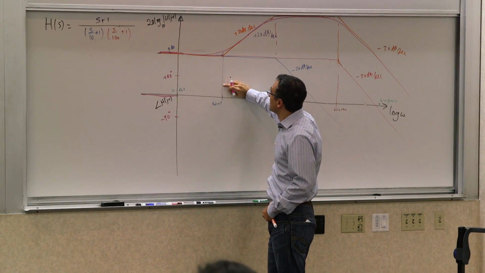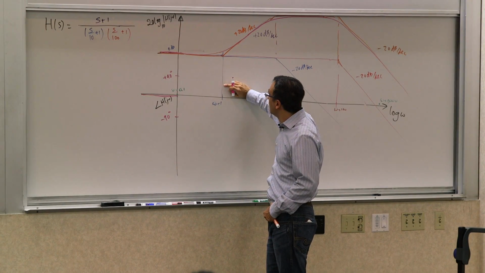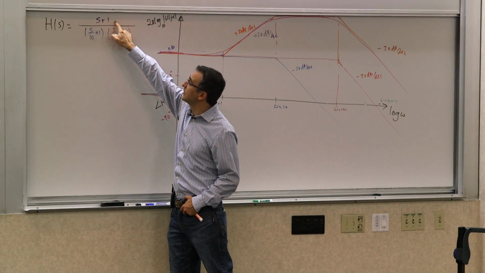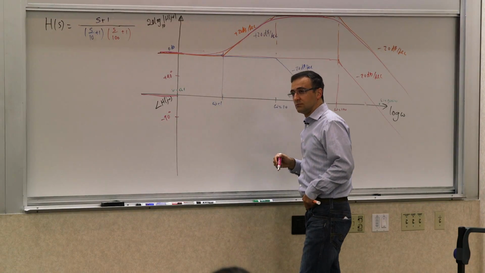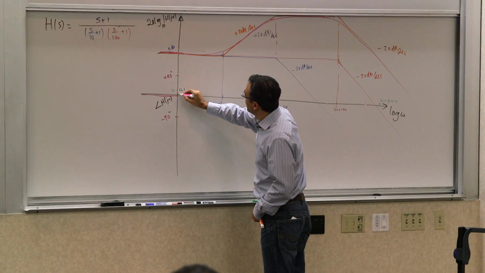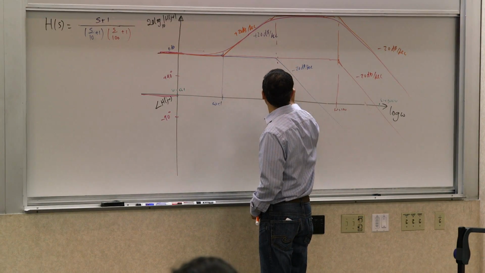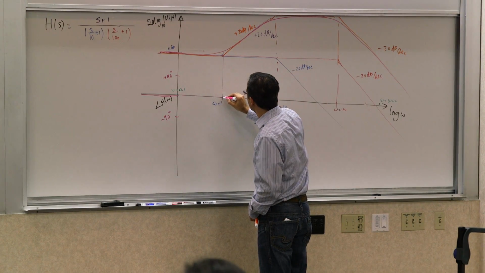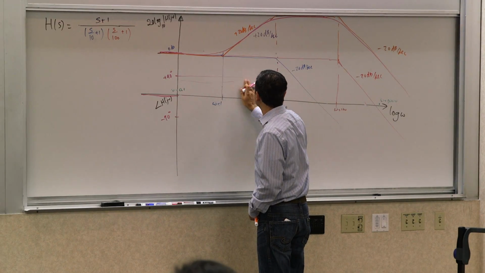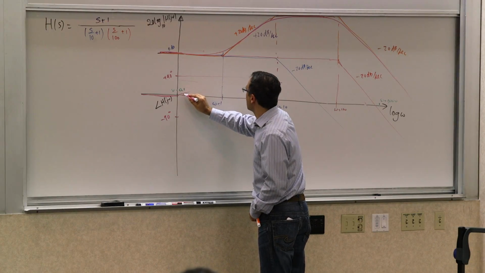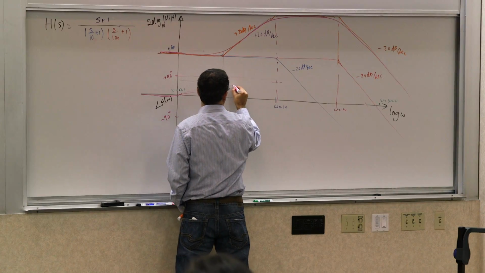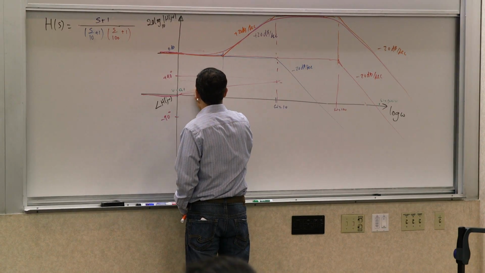What is the phase at this point? If you didn't have any phase contribution from anything else, just due to the term in the numerator, 45 degrees, right? So if you only had that term, you go from this point to that point to 90 degrees, right? Here. So this would have gone straight through that point to 90 degrees.